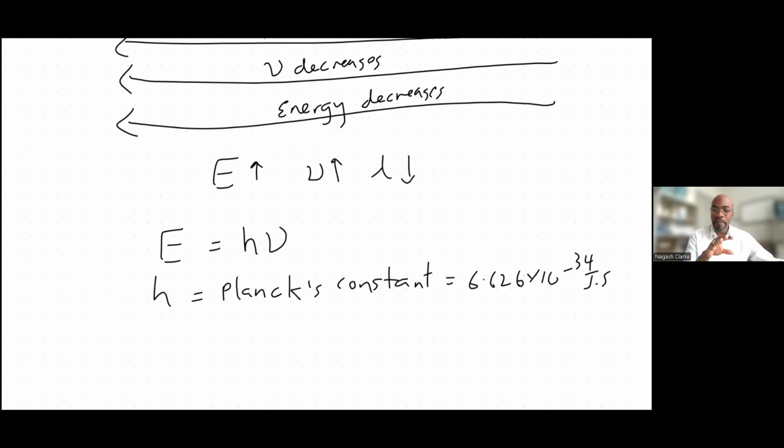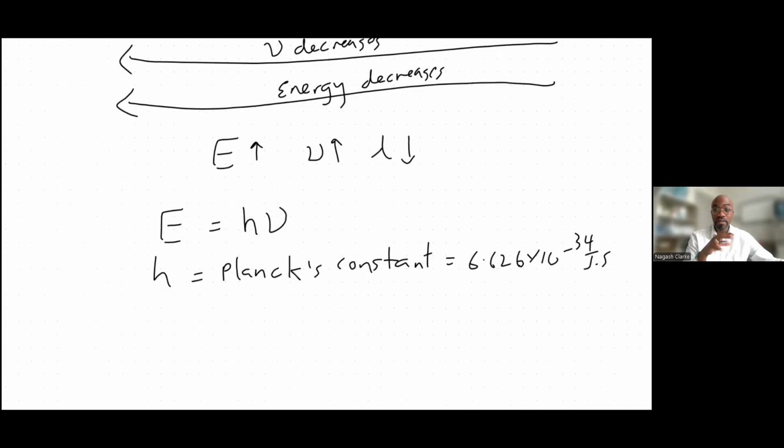It's not random and it's not continuous, meaning we don't go from zero all the way up to whatever the highest is. There are specific energies depending on the material being energized. We run electricity through light bulb filaments, and they give off different colors of light depending on the metal. Scientists noticed that and related it to energy. So the energy absorbed or emitted by matter comes in discrete amounts.